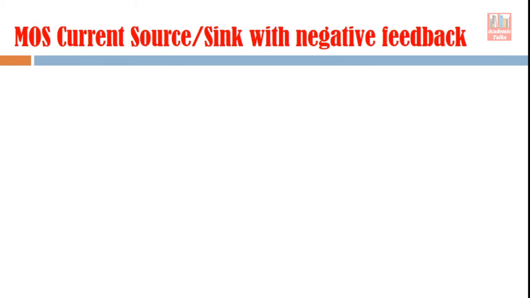So we can improve the characteristics of this MOSFET based current source using negative feedback, right, negative feedback. This negative feedback is similar to the feedback which you use in your amplifier circuits also. If you are designing a BJT based amplifier, you provide negative feedback there by inserting a resistance Re, which is between the emitter terminal and ground terminal.